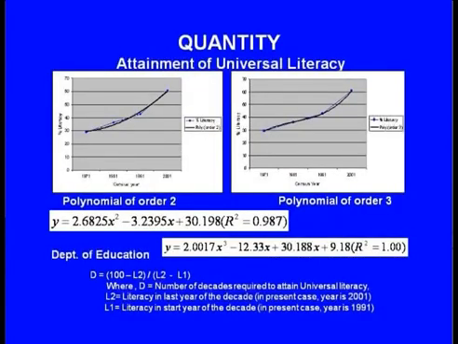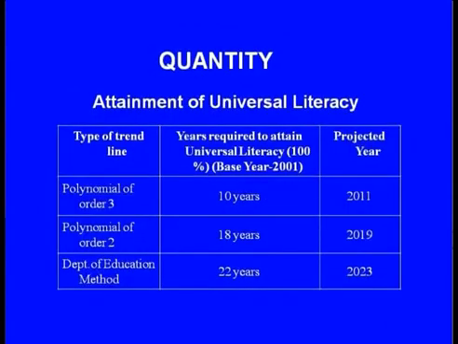However, certain mathematical models give different values. If we use a polynomial of order 3, this indicates that we would be able to achieve total literacy by the year 2011. However, a moderate polynomial of the second order says that this could be achieved by the year 2019.